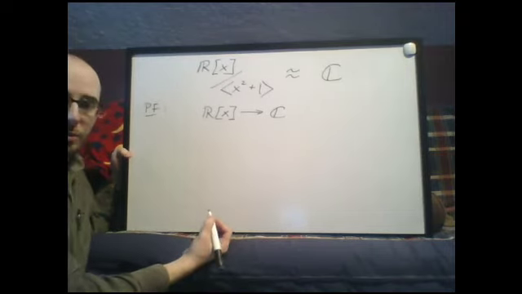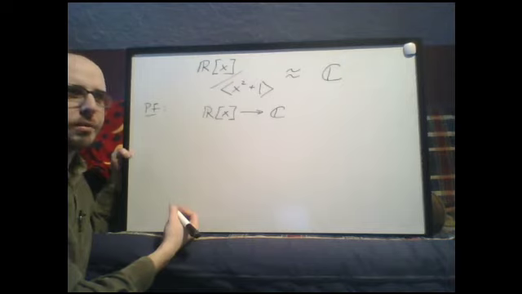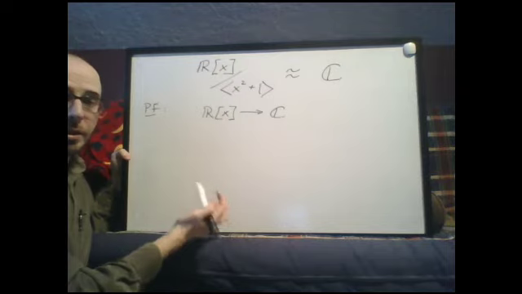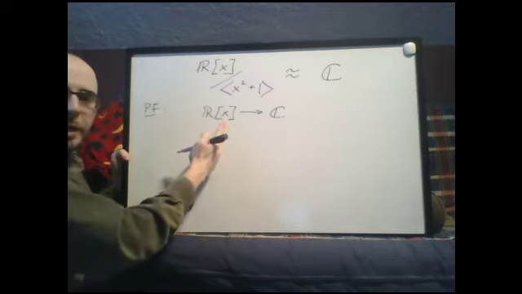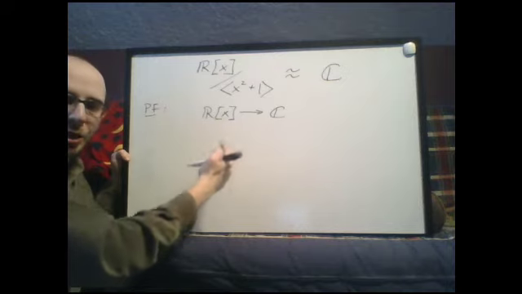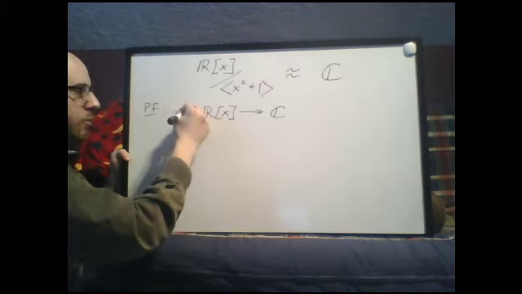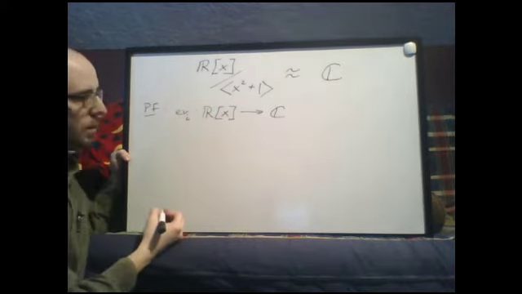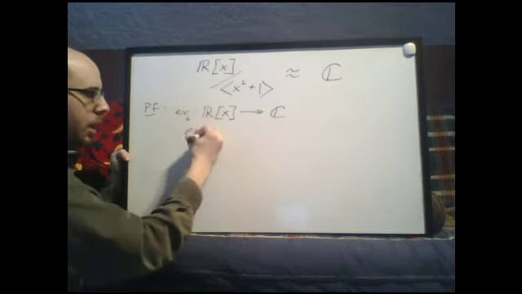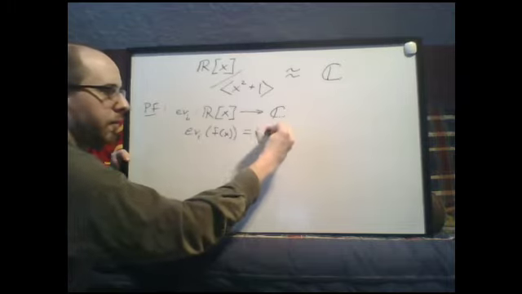And the function is, this is a little bit of a clash with my definition earlier, but the thought process is, just like what I erased here, I want to replace x with i. I want x to turn into the imaginary number i. So let's call this the evaluation function at i. So EV sub i of a polynomial f of x is f of i.